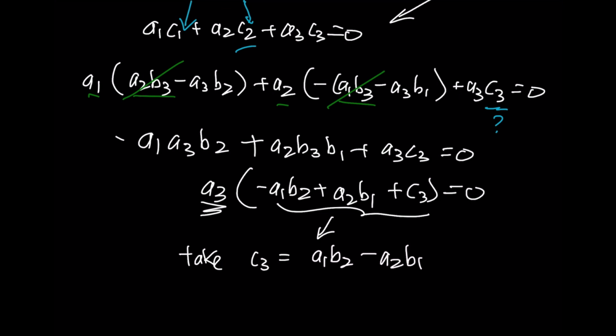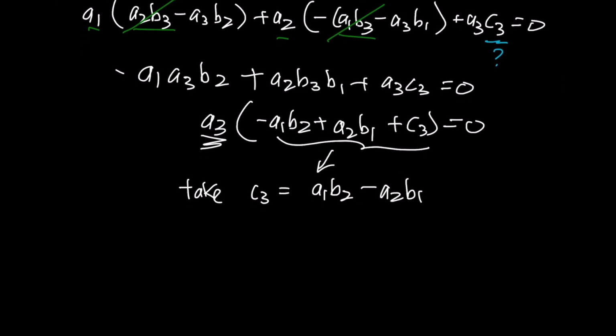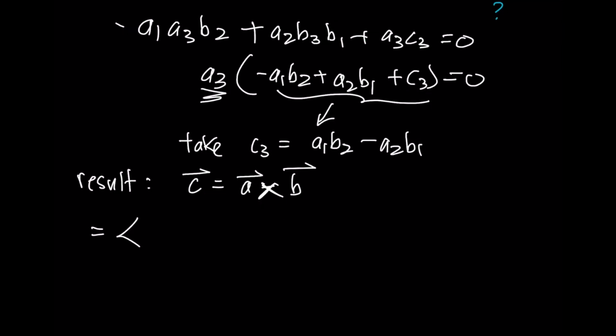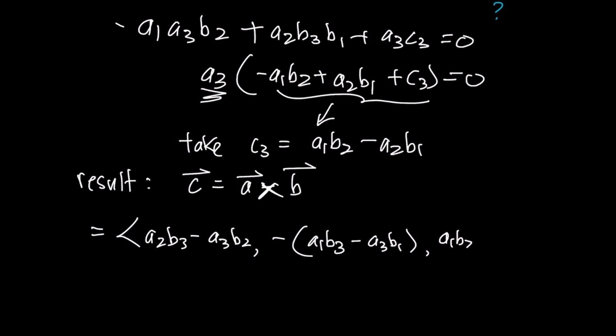And after this lot of work, this vector C, which we are really just representing as the cross product of A and B, has first component A2B3 minus A3B2, the negative of A1B3 minus A3B1, and A1B2 minus A2B1.